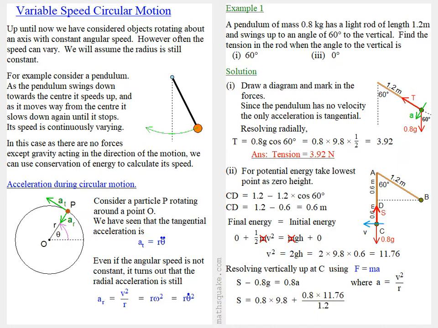So we have S is equal to 0.8 times 9.8 plus 0.8 times v squared over r, which is 11.76 over 1.2, and that works out to be 15.68 newtons. And so the tension in the rod is 15.68 newtons.